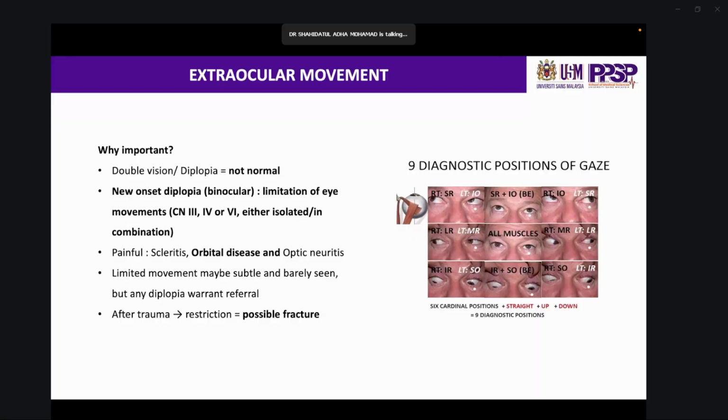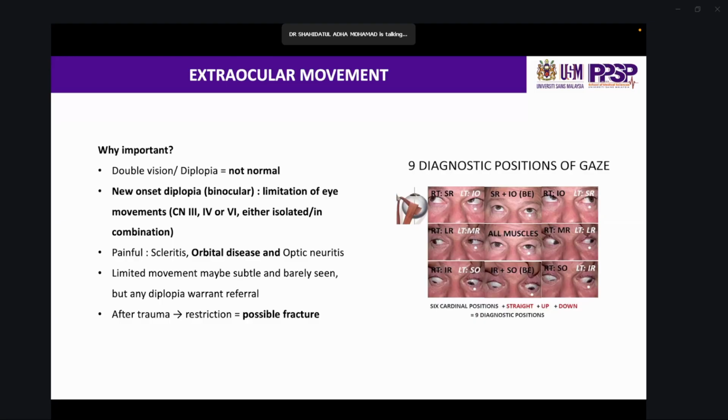So why is extraocular movement important? Extraocular movement is particularly important to do if the patient presents with diplopia. But some patients don't have diplopia because one eye already has poor movement. That's why you have to know the vision first before you proceed with extraocular movement.